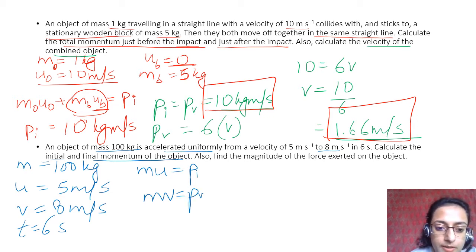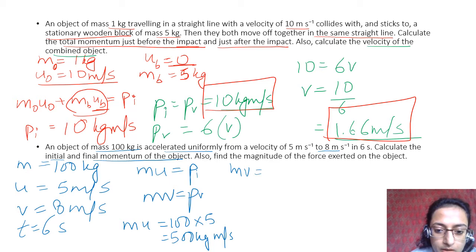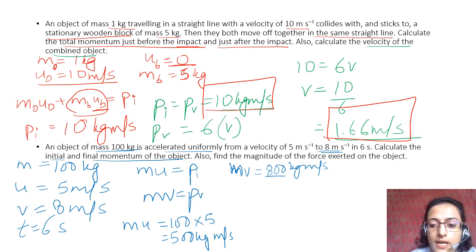So initial momentum is mass into velocity, which is equal to 500 kilogram meter per second. Final momentum is 800 kilogram meter per second. How is it 800? Because mass is 100 and final velocity is 8. So 8 into 100.